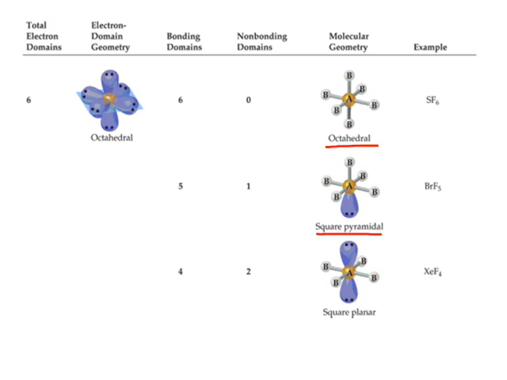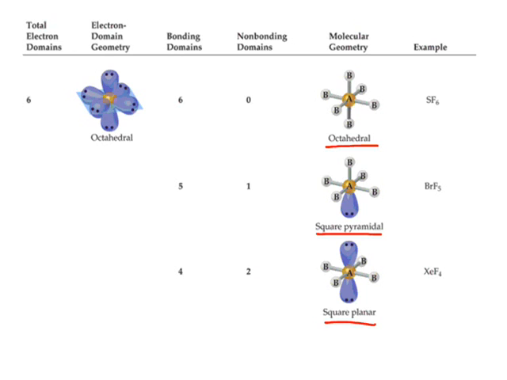And if you have 2 lone pairs, now you want to consider that those lone pairs are going to want to be as far away from each other as possible. They have more repulsion than the bonding pairs, and so they're going to go on opposite sides of that octahedral, creating a square planar molecule.